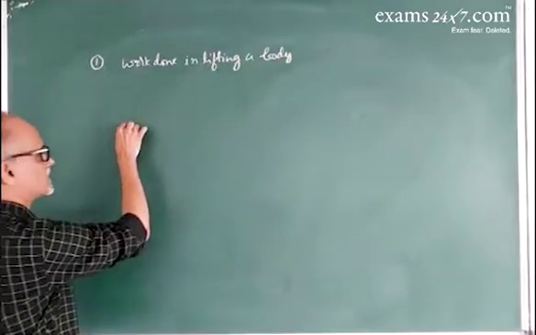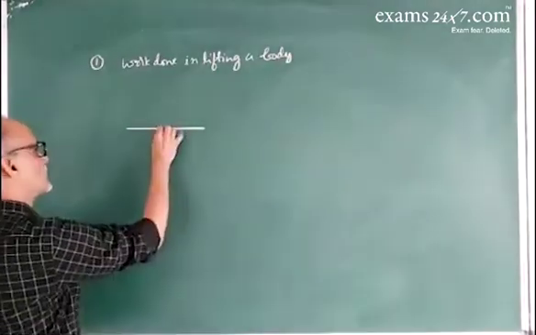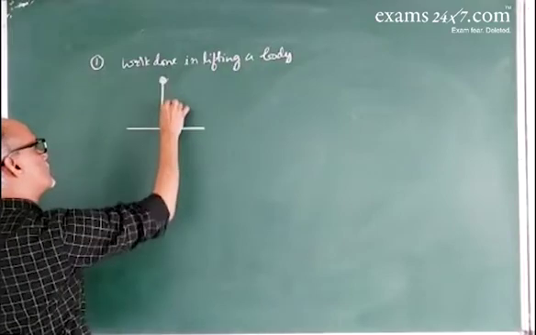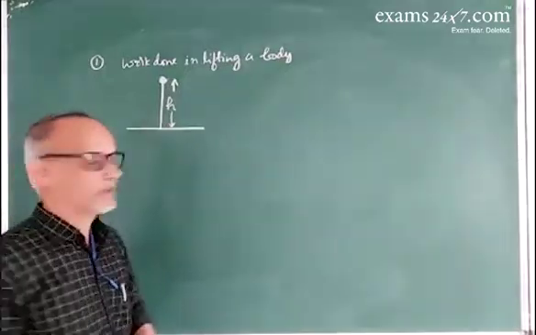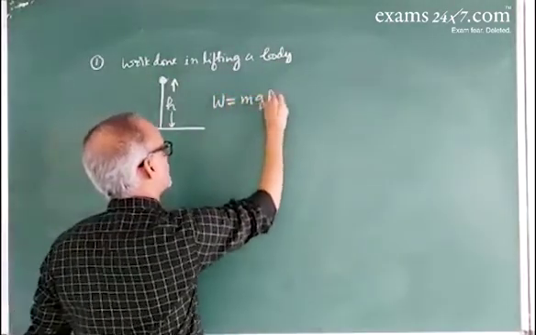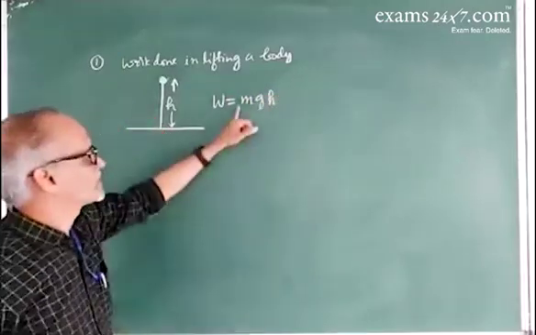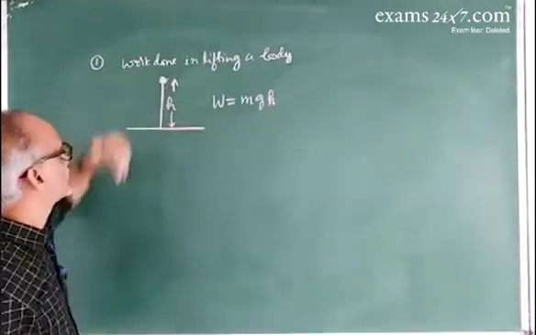The surface of the earth is taken as the reference, and if the body is lifted through a height h above the ground, then the work done W is equal to m, g and h. Mass of the body, acceleration due to gravity, and the height above the ground.